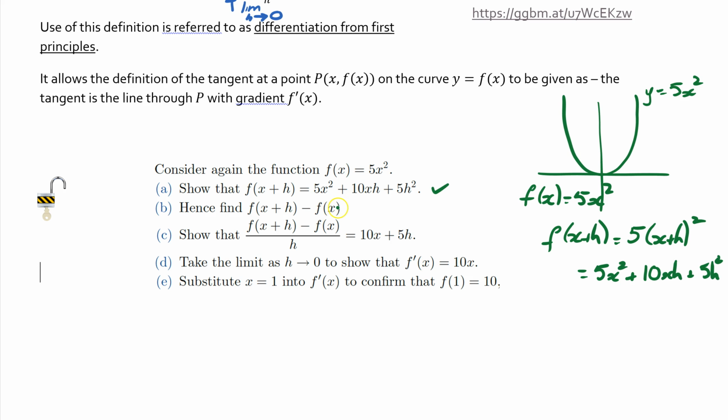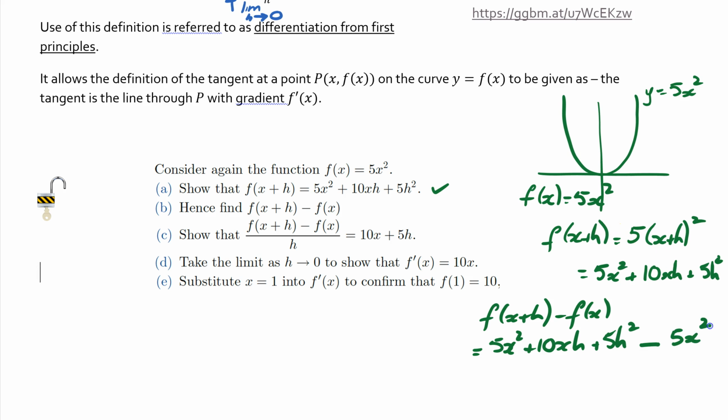Hence, find this bit. So find f of x plus h minus f of x. So that equals 5x squared plus 10xh plus 5h squared minus 5x squared. Now generally, if we do this process correctly, the f of x will always cancel out with something in the first part.